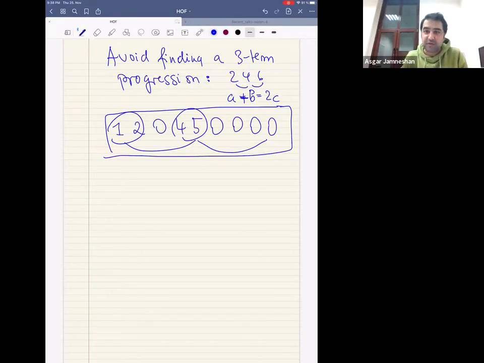But now if you look at the circles, you will find several arithmetic progressions. That is, we could not avoid already in the first 9 numbers splitting this into 2 sets such that none of them has a 3-term arithmetic progression.